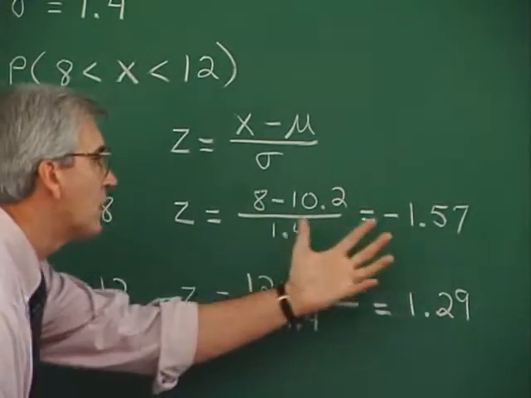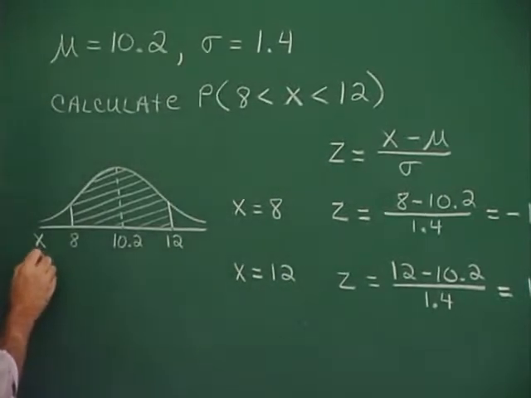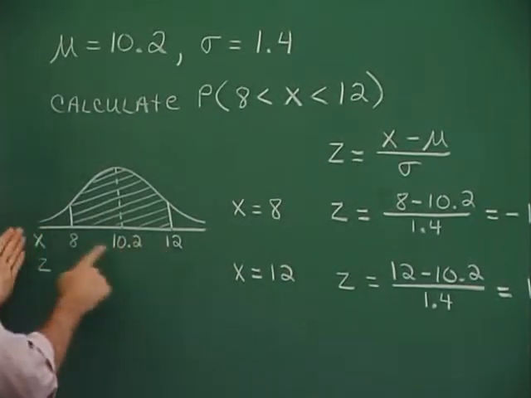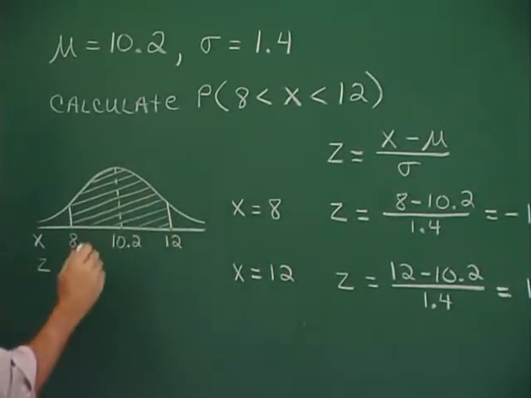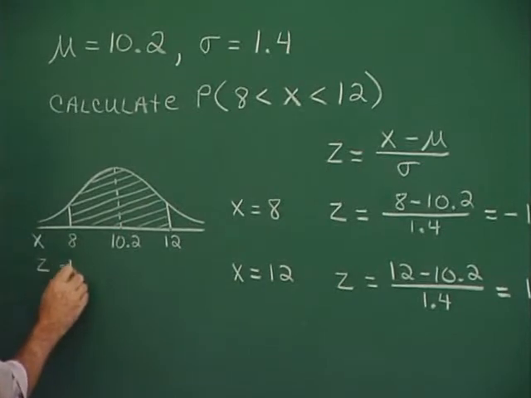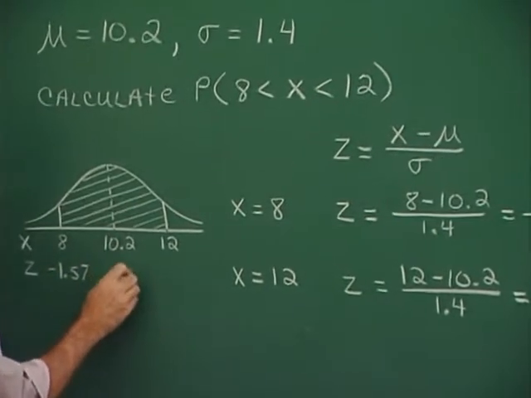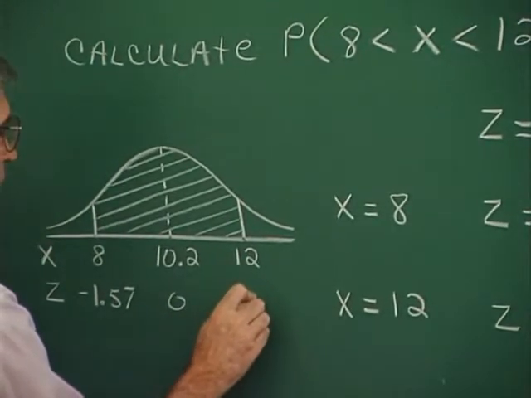So to put that into the perspective of our illustration here, the z-scores associated with these raw scores would be these. Associated with 8 was the negative 1.57. And we know that at the mean, the z value would be 0. And over here at 12, we found it to be 1.29.